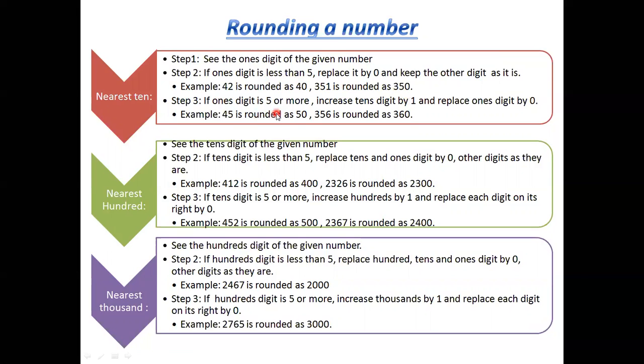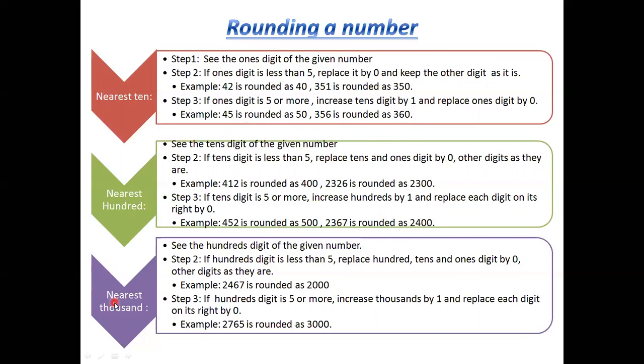If the ones digit is 5 or more, what do we have to do? Increase the tens digit by 1. We have to increase the tens digit by 1 and replace the ones digit by 0. So 45. In the ones place what do we have? 5. So we have to increase the tens digit by 1. 4 plus 1, 5. So 45 is rounded as 50. 356 is rounded as 360.